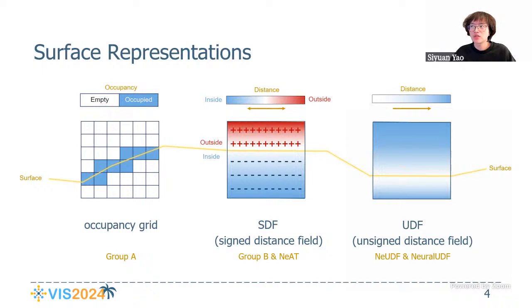All the methods in Group 2 and NeAT from Group 3 use this representation. Unsigned distance fields, on the other hand, don't differentiate between inside or outside, which is suitable for open surfaces. As the name tells, both NUDF and NeuralUDF use this representation.